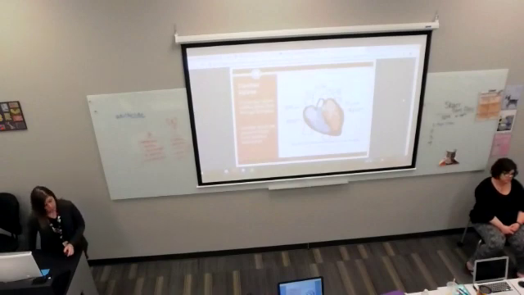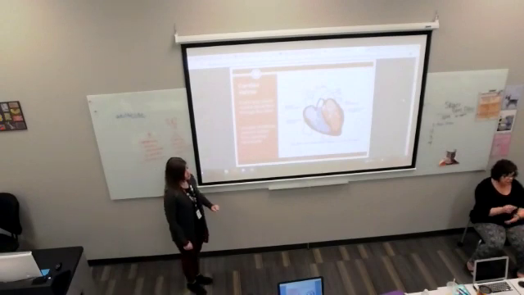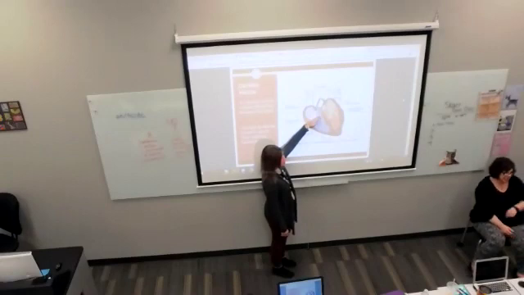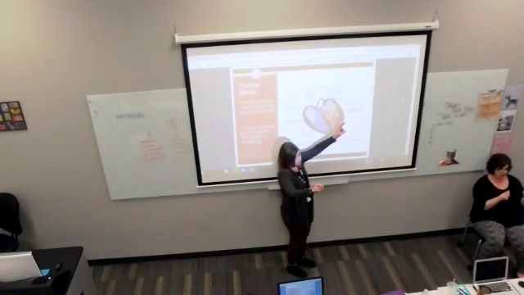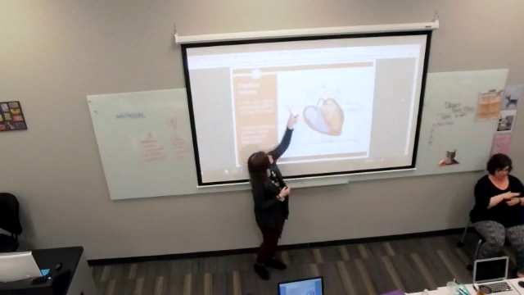And then our valves. So again, with our valves, or our doorways, we have 4 big ones, okay? We have one on this side that separates the atrium and ventricle, one on this side that separates the atrium and ventricle. And then we have 2 going out, okay? The 2 going out are the pulmonary valve, okay?